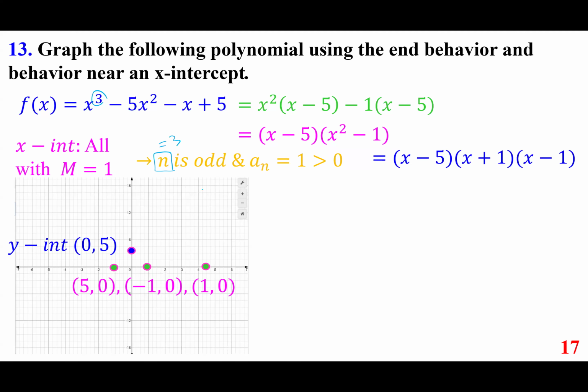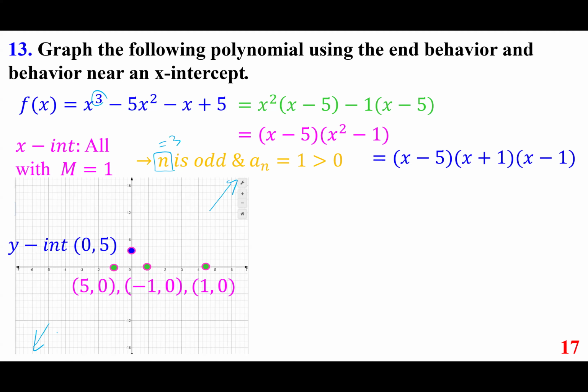And a sub n, which is 1, is positive. So the end behavior looks like y equals x cubed, which basically means the end behavior will give us the first and the third quadrant.